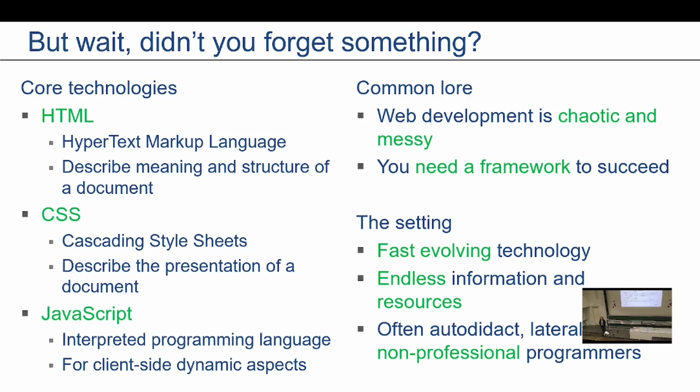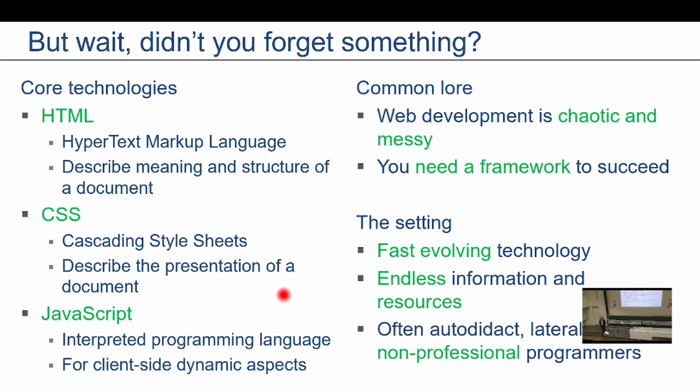And you have JavaScript for the dynamic stuff. It's an interpreted language that runs in the browser, at the user side. And the common law, I never thought about doing this stuff directly in those core technologies because it was clear you cannot do that. It's not feasible. You need some framework, something that helps you to tame this complexity.